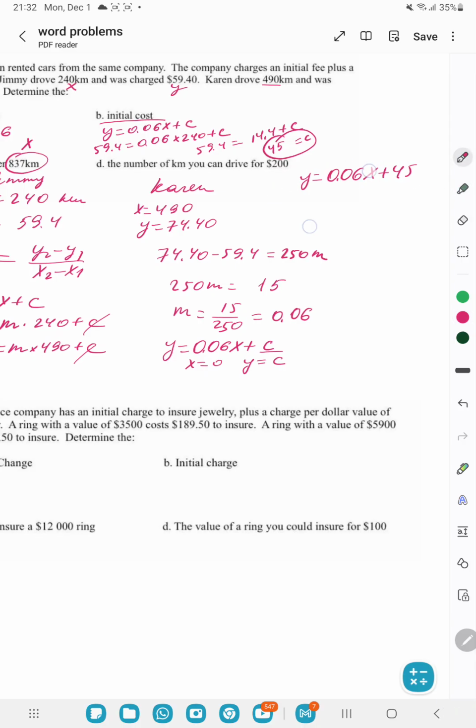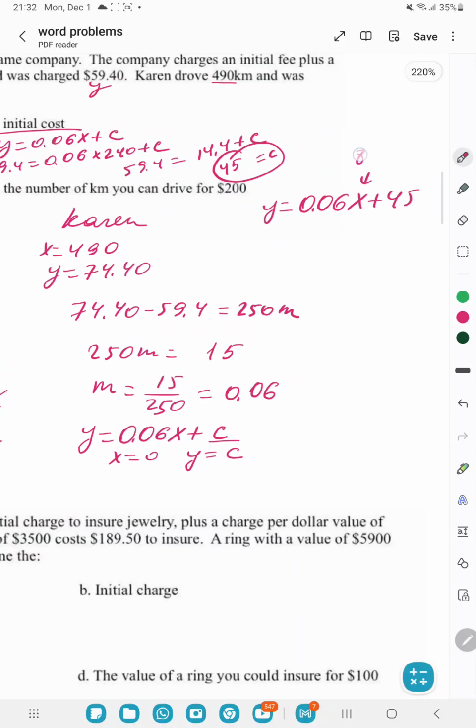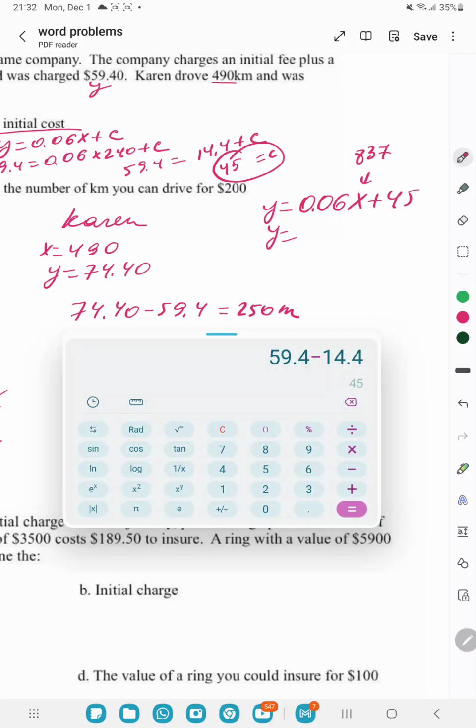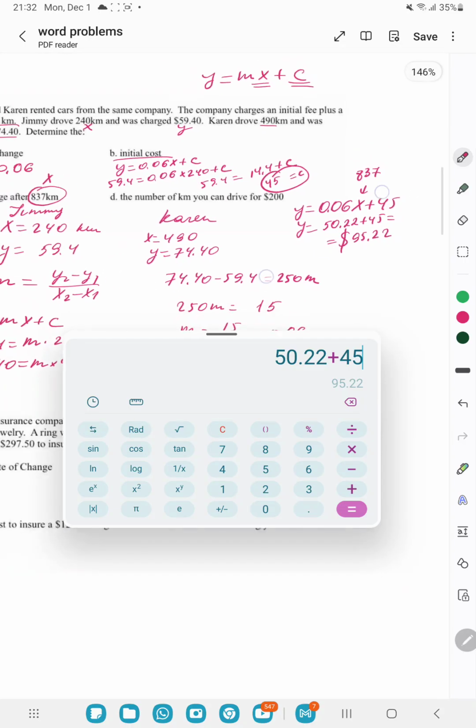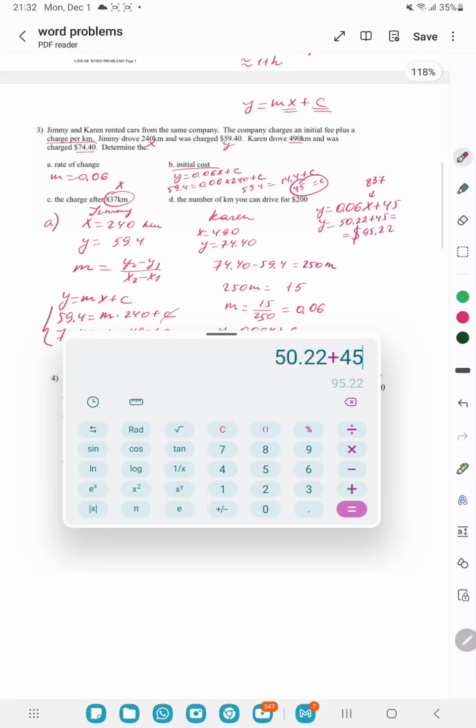When x is 837, to find y, we have to multiply 0.06 by 837. It will be 50.22, plus 45, which is $95.22. Okay, this is our answer for C.